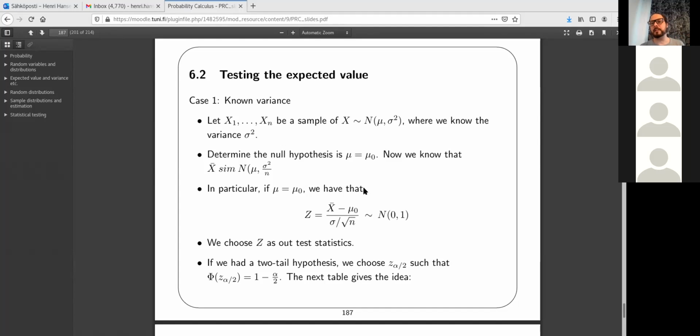That's the basic idea. Why I taught the confidence intervals first: the confidence interval works a little bit differently. There we have the sample mean, and then the confidence interval moves around that.